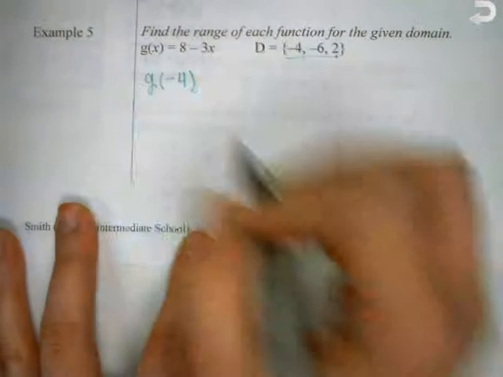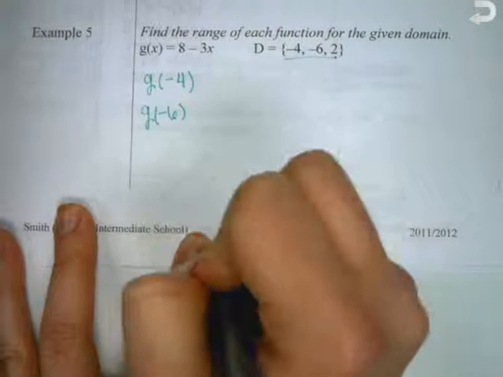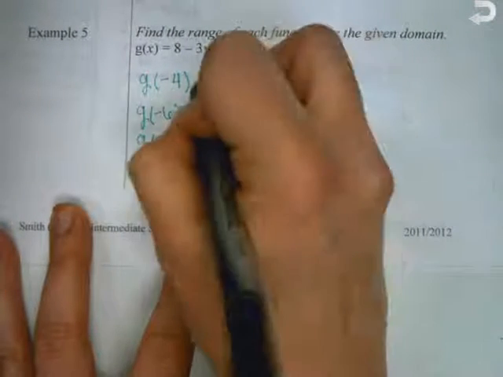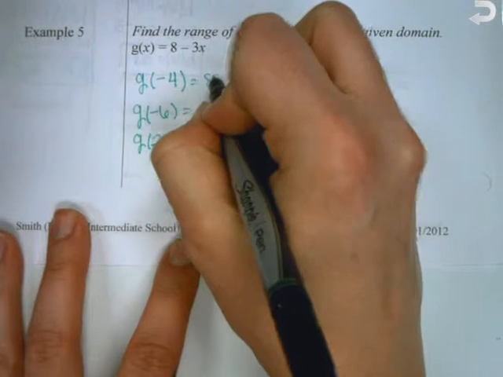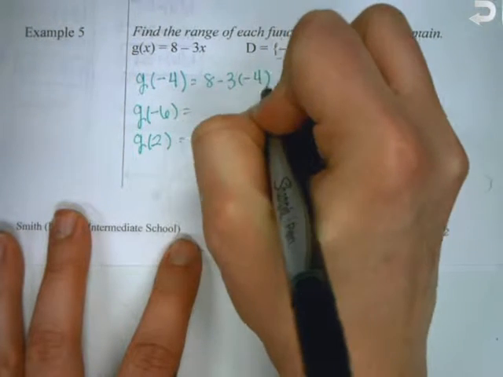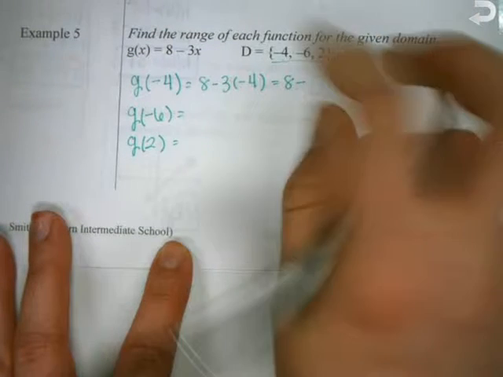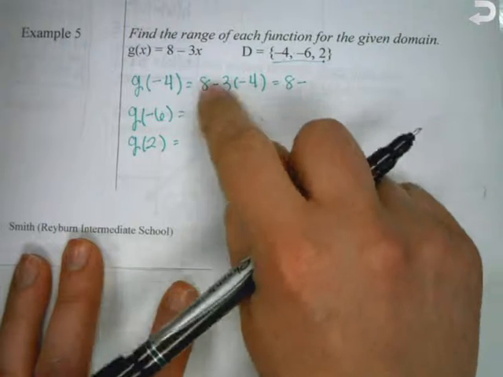8 minus 3 times negative 4. So that's 8 minus, what's negative 3 times negative 4? Positive 12. And 8 plus 12 gives me 20. Okay, what about negative 6? 8 minus 3 times negative 6.